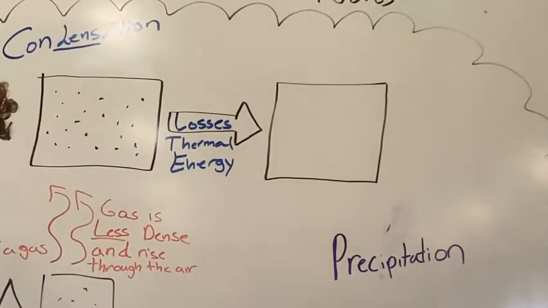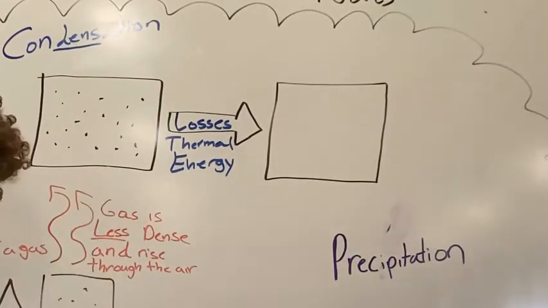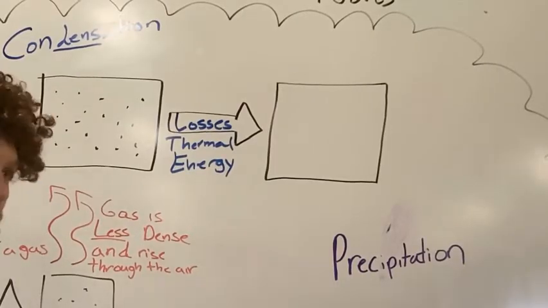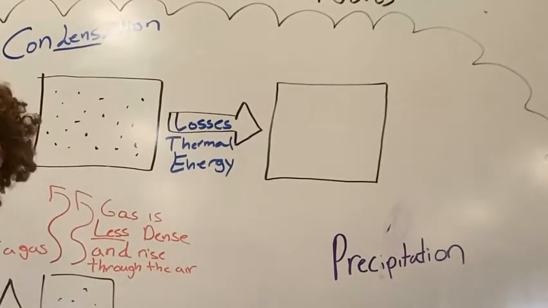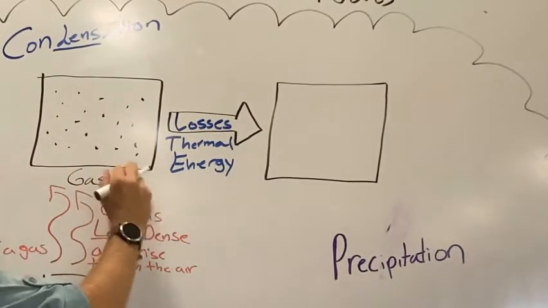And since this is condensation, my gas is super low density. As it cools off, we should know from thermal energy that it's going to start becoming more dense, hence that condensation piece. So all of my dots over here, instead of being a gas, is going to start to cool down.